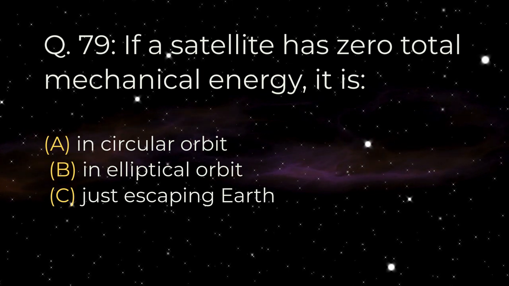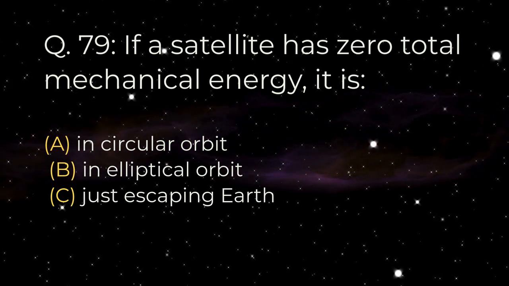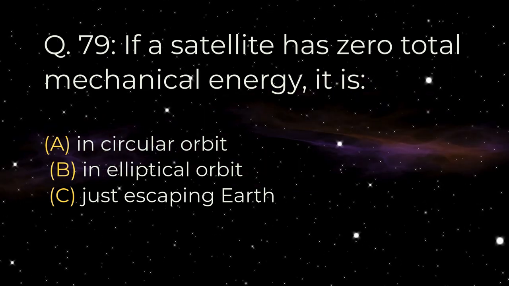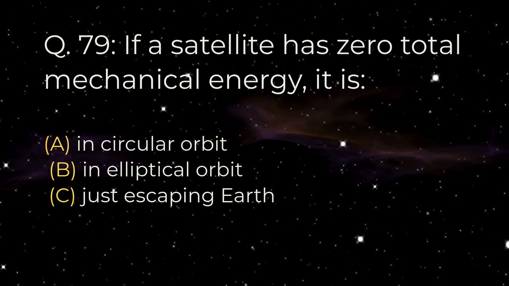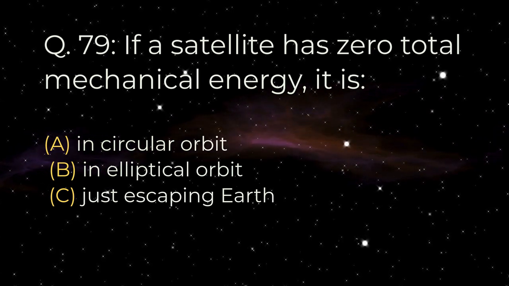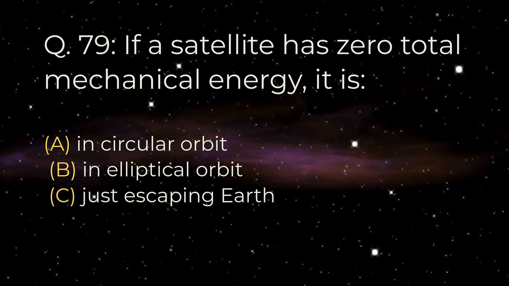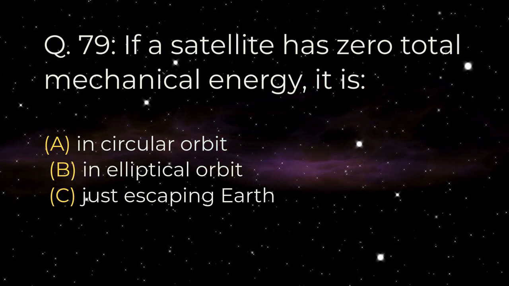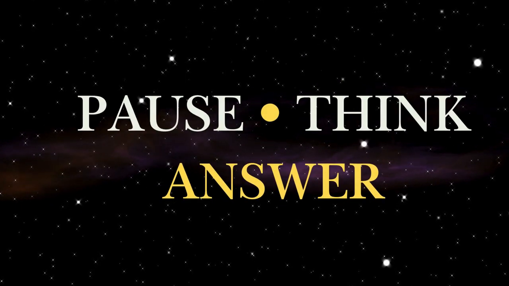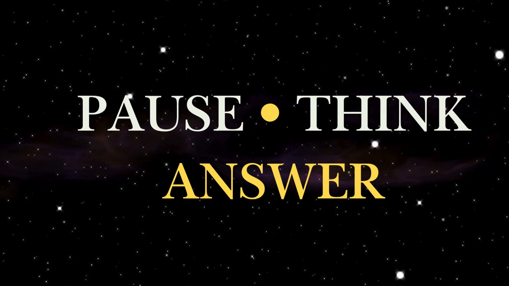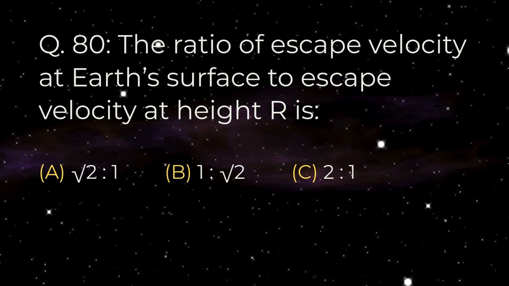If a satellite has zero total mechanical energy, it is: option A, in circular orbit; option B, in elliptical orbit; option C, just escaping Earth. Question 80.